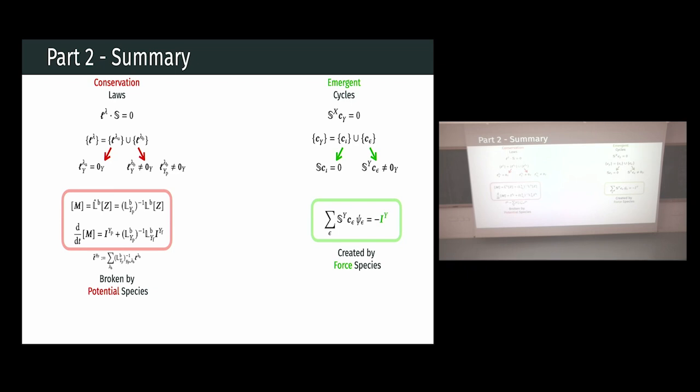The other topological quantity we considered, we defined cycles, so sequences of reactions such that upon completion, nothing changed for the internal species. And we split them in internal cycles, those that don't change also the chemostatic species, and the emergent cycles, so sequences of reactions that don't change the concentrations, the abundances of the internal species, but do change the concentrations of the chemostatic species.